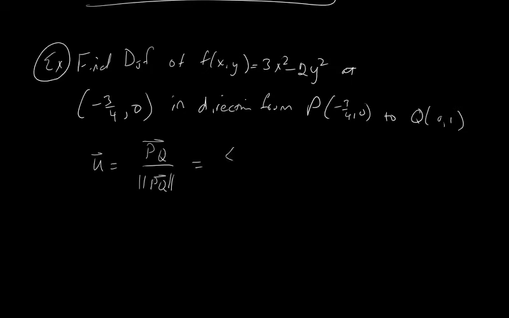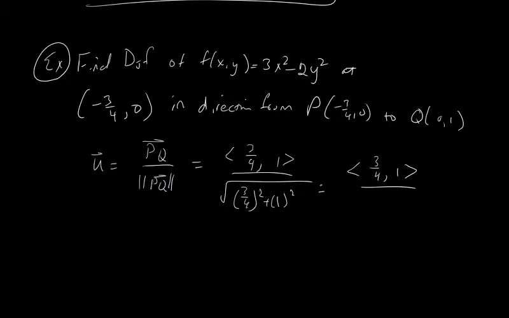So PQ is going to be, let's see, 0 minus negative 3/4 is positive 3/4, and 1 minus 0 is 1, divided by that magnitude. The magnitude is the square root of (3/4) squared plus 1 squared, so that's 9/16 plus 1, which is 25/16.